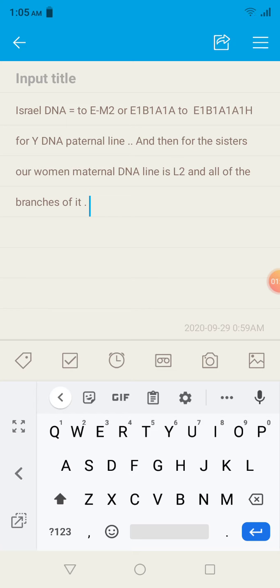E-M2. And the reason why you tend to see E-M2 or E-V38 and other defining mutations is because too many African Americans are looking into DNA, and this DNA is a unique signature mark of Israelite people.